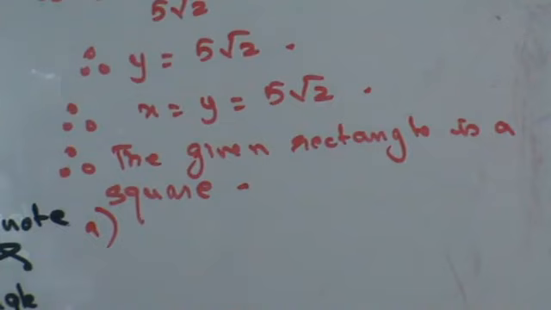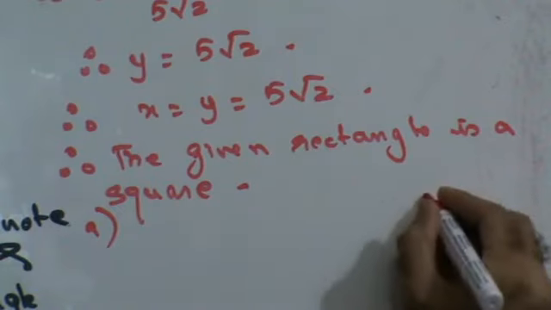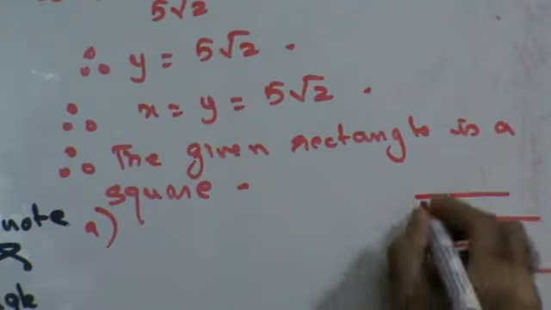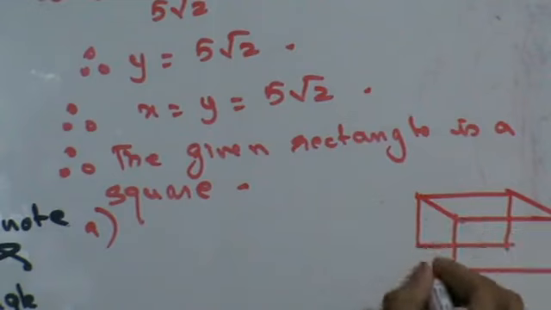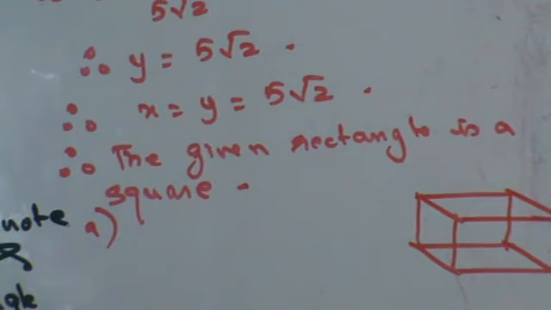A box with square base and open top is to have a volume of 32 centimeter cube.